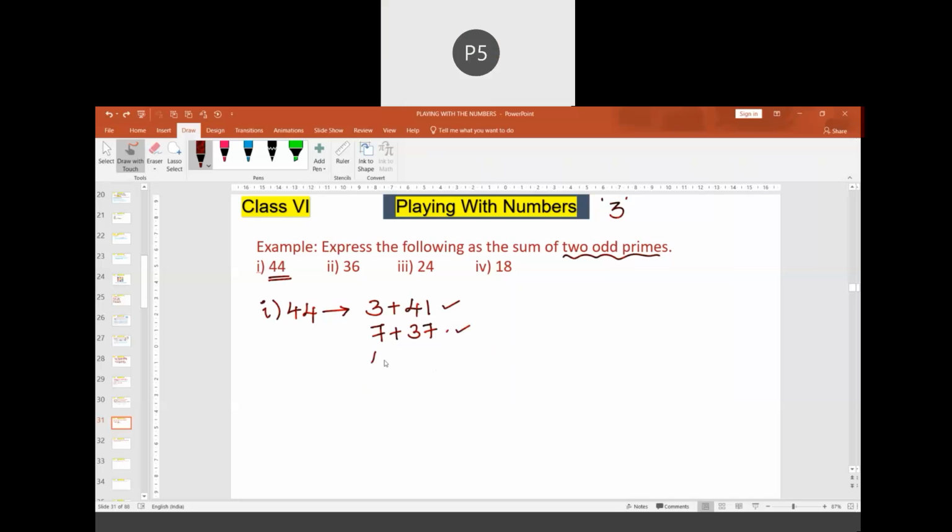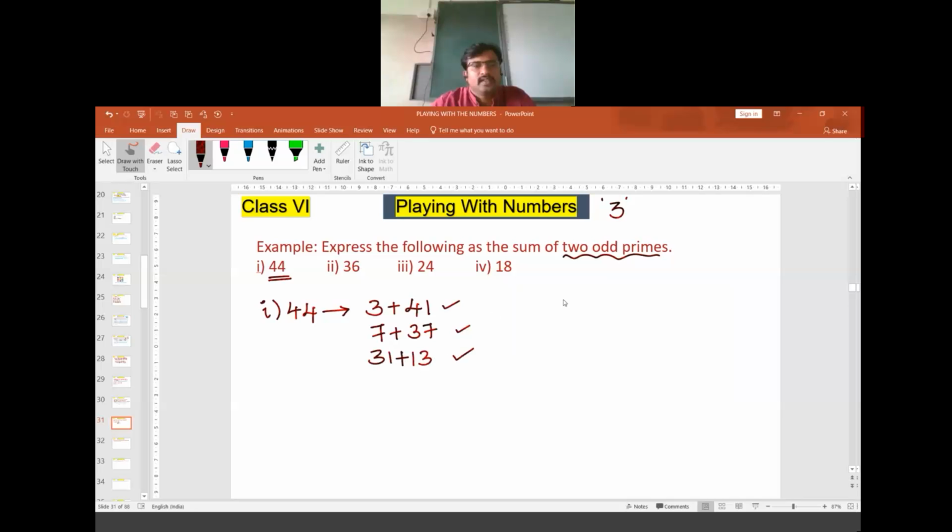No, sir, 1 is not a prime number. 13 plus 31, 31 and 13. Correct. So likewise, we can make the combinations.